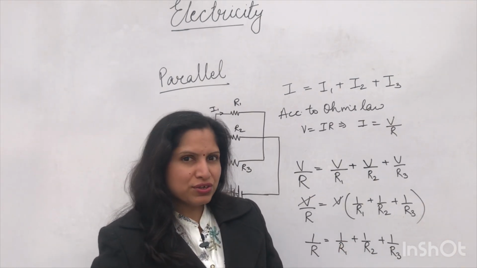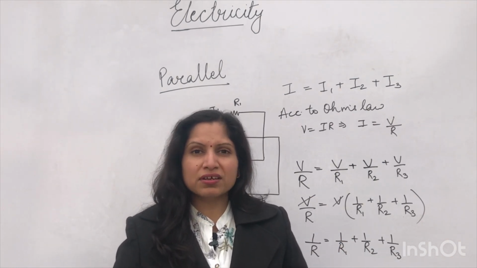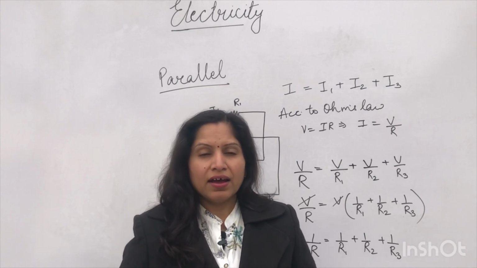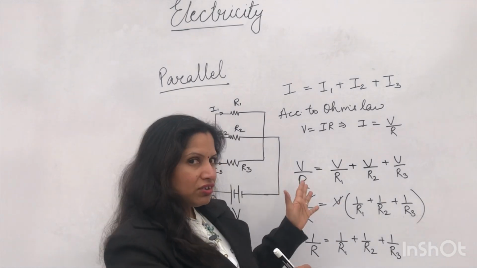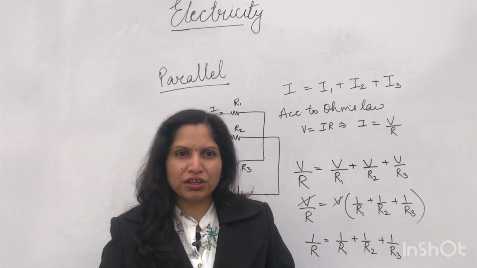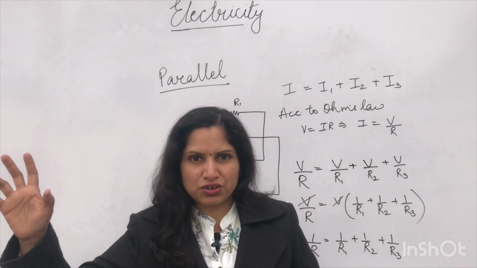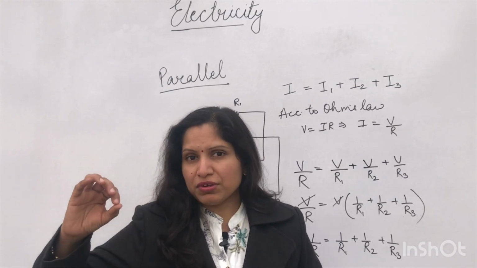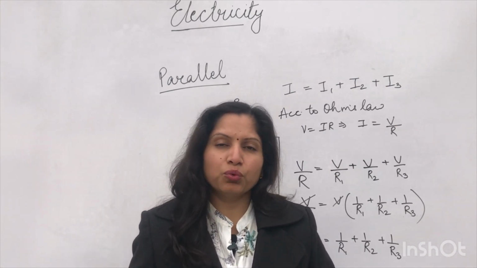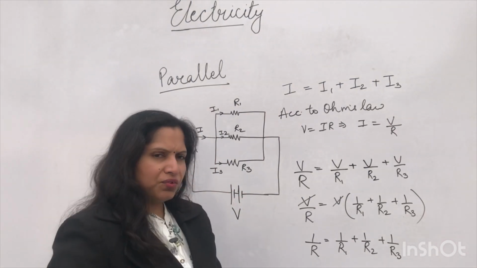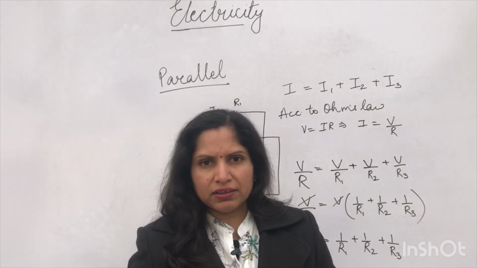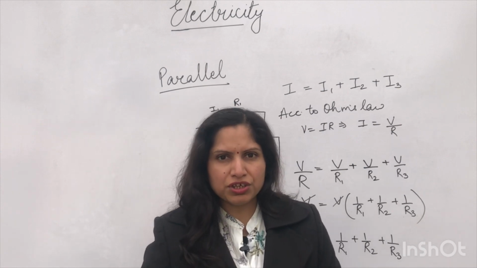And we will also discuss why we are using a voltmeter in parallel and an ammeter in series. So after learning about series and parallel combination, we can get that answer also, why ammeter in series and voltmeter in parallel. So let's do one very simple numerical based on series and parallel combination.